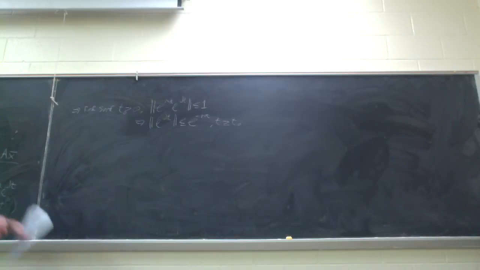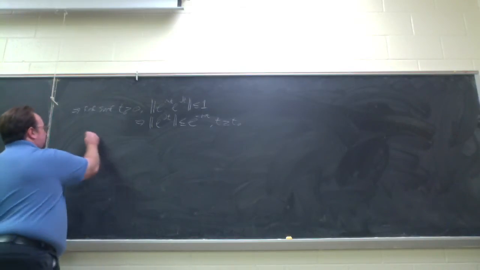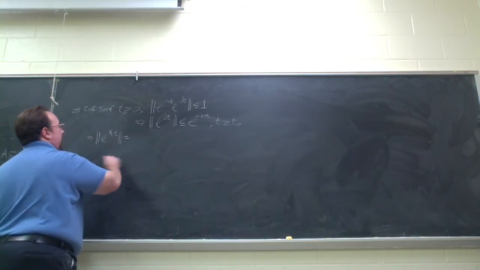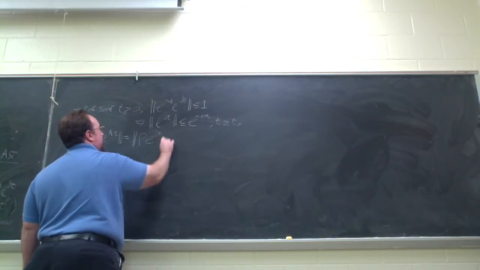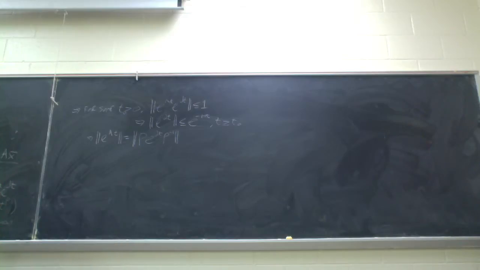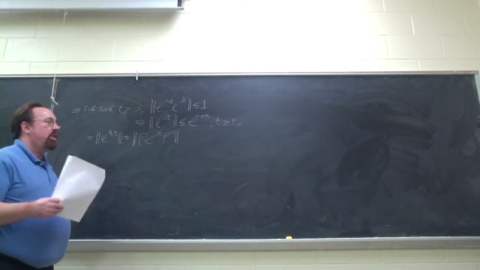All right. Now we want to bound. We have a bound on e to the J t. We need a bound on the norm of e to the A t. That would be P e to the J t P inverse. Now, normally in doing matrix norms, you could say the norm of a product is less than or equal to the product of the norms.